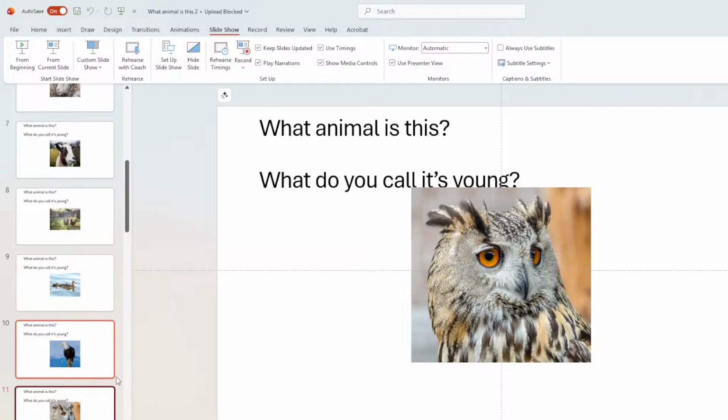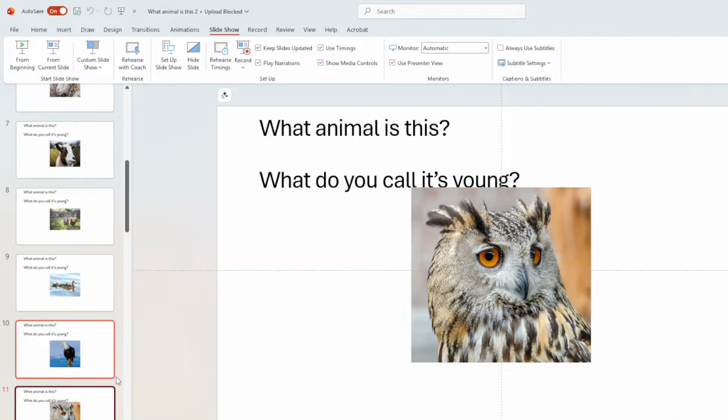We need the name of this animal on the screen. Alright, so this animal is an owl. O-W-L. That's the name of this bird.